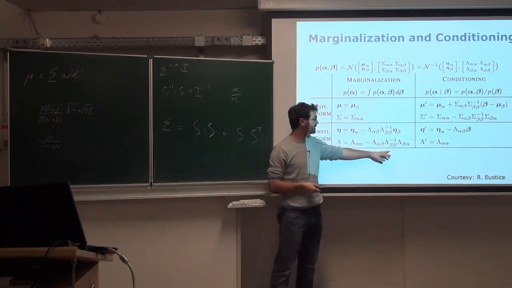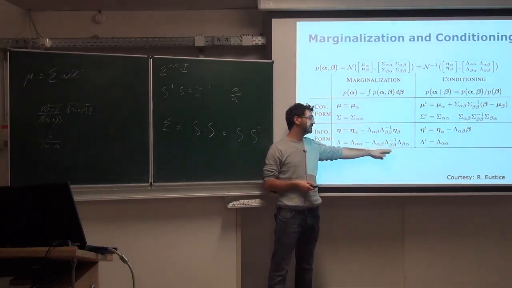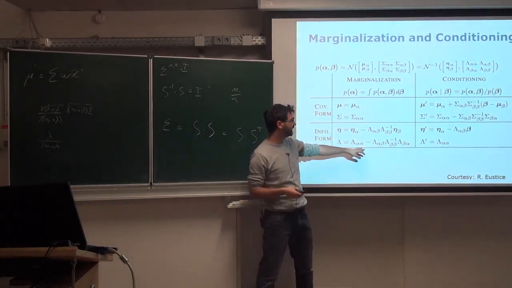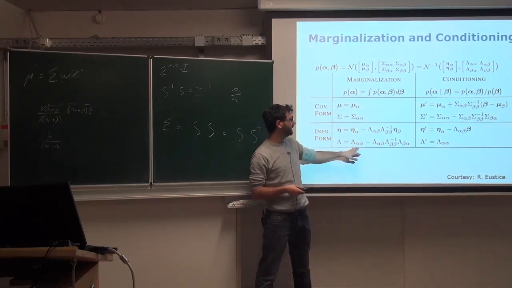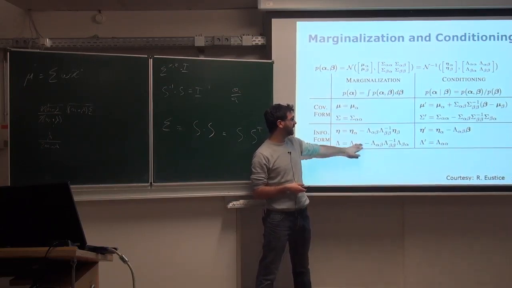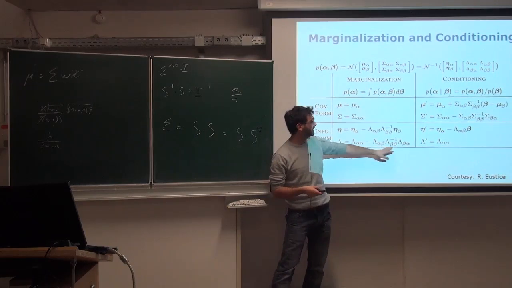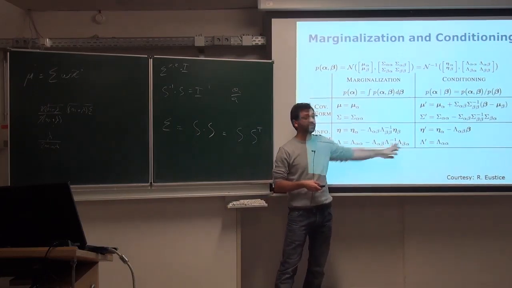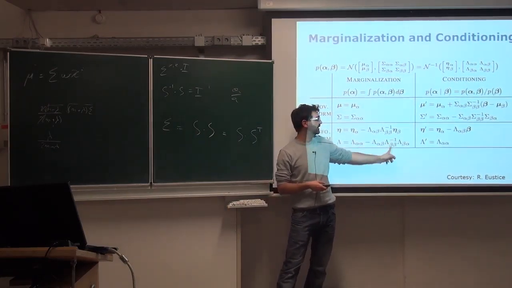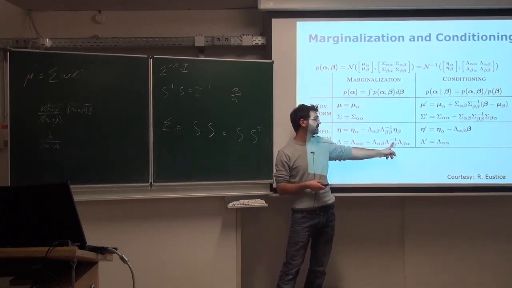This expression here, we have seen something similar in the Kalman filter or in the Gaussian case, but it basically means that the information of a certain variable is equal to the information that you had before minus the information that it shares with the other one. So that's the uncertainty of the other variable.